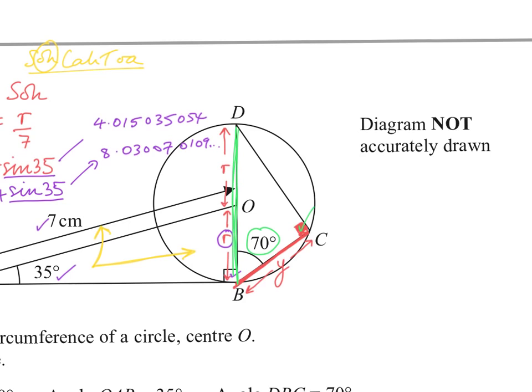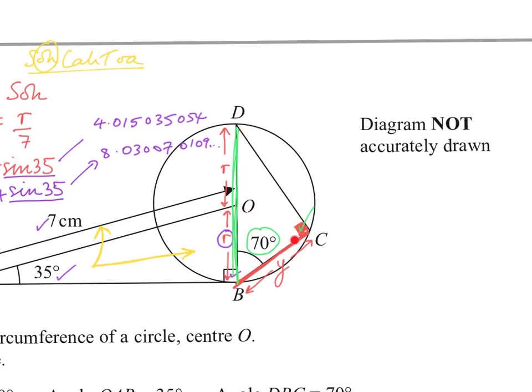So in this situation, if we look at the right angled triangle BCD, then we have an angle here, and we want to be involving the adjacent this time and the hypotenuse. How do I know that's the hypotenuse? Because there's the right angle, and the hypotenuse is always opposite it.